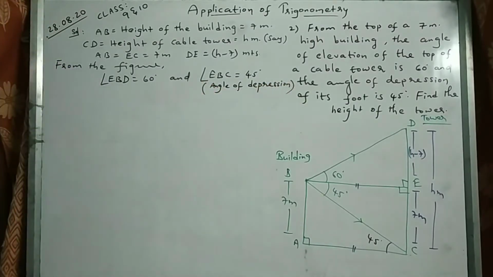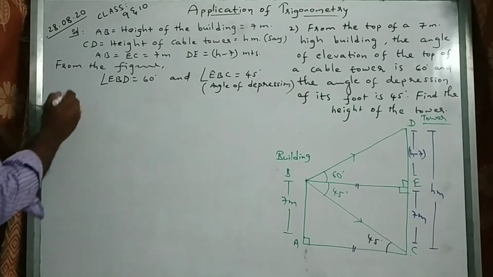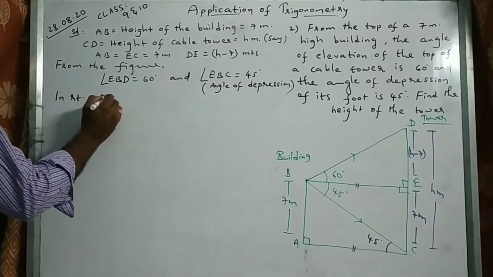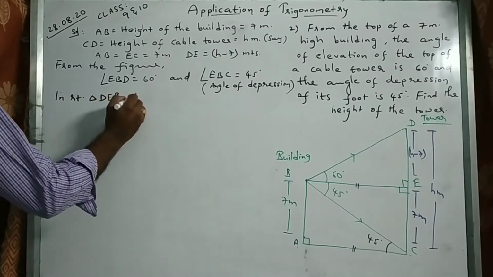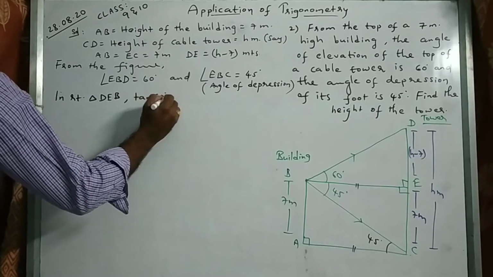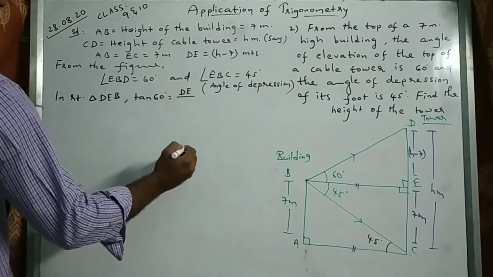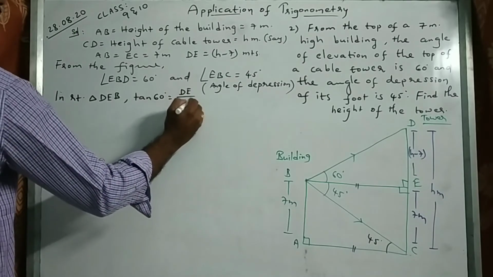Now in right triangle DEB, take tan 60 equal to opposite to 60, DE, by adjacent to 60, BE.